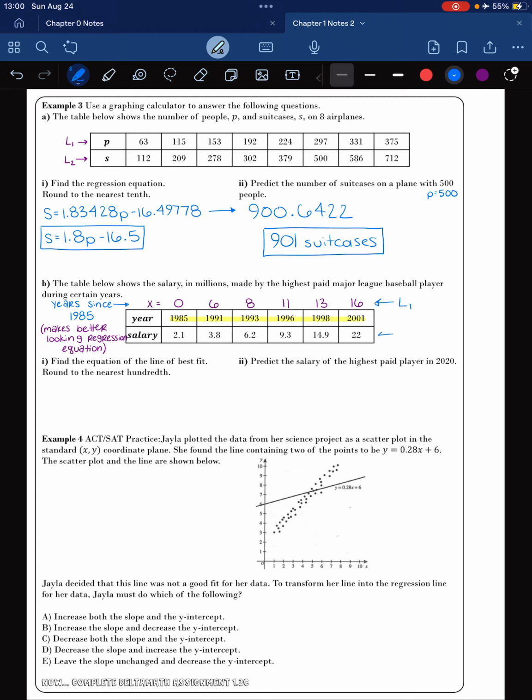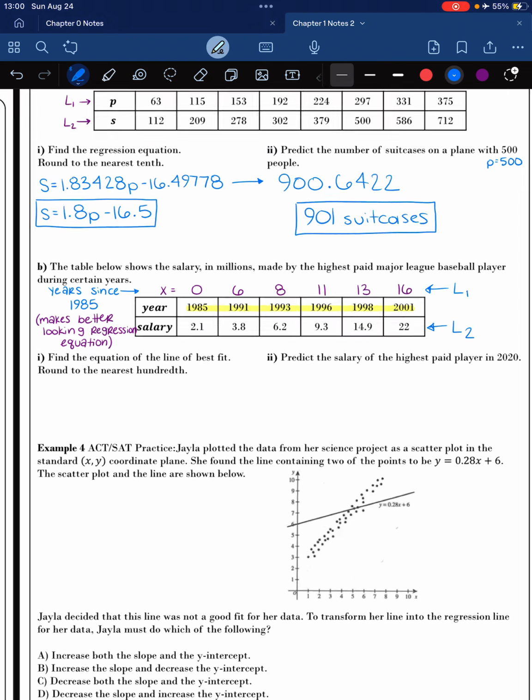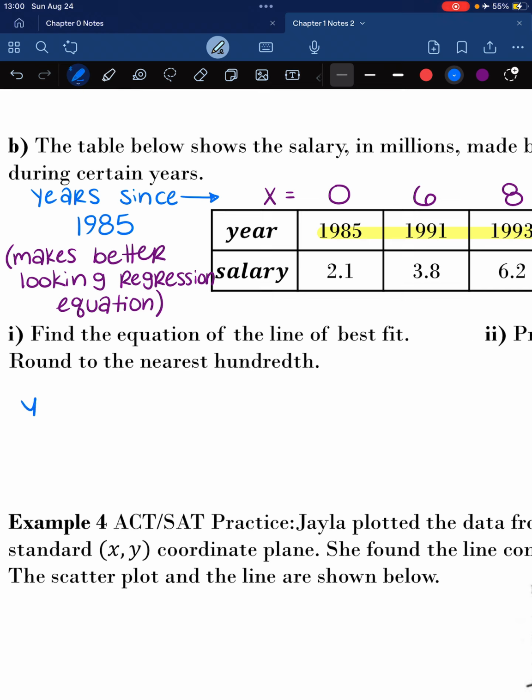So this is going to be my L1 list. This is going to be L2. And we can go ahead and type those in the calculator. Go ahead and pause because I already have mine all filled out and pulled up here. But I have that y equals, I'm going to write the unrounded one first.